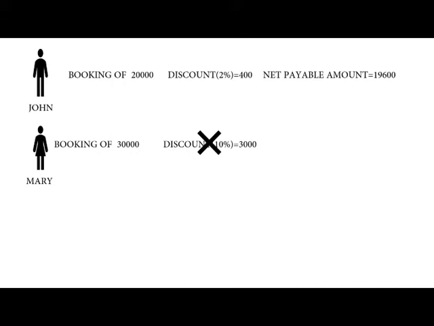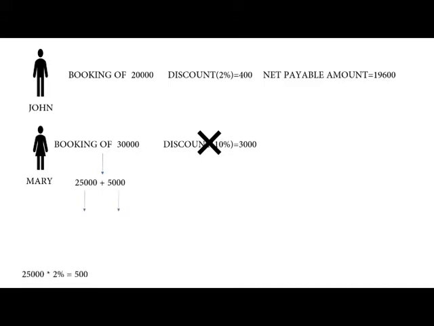The correct way to calculate the discount for Mary is to first break the amount into the slabs provided by the question. According to the question, Mary's booking amount falls into the second slab. That means there is only one slab below Mary. So on breaking, Mary's amount will become 25,000 plus 5,000.